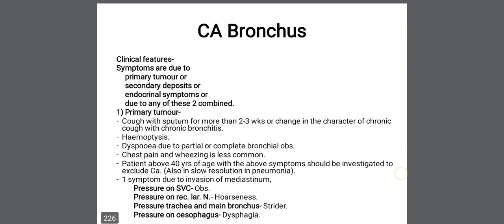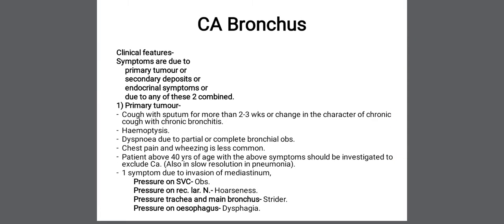Now the clinical features of CA bronchus. The symptoms present due to the primary tumor, or secondary deposits, or endocrine-related symptoms, or a combination of any of the above three.